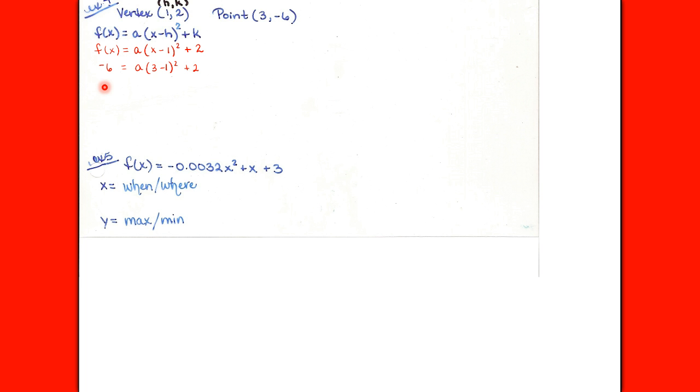So what do you want to do first? Order of operations says do what first? Parentheses. 3 minus 1 is going to give us 2. Then what? Exponents. So we'll do 2 squared is 4.